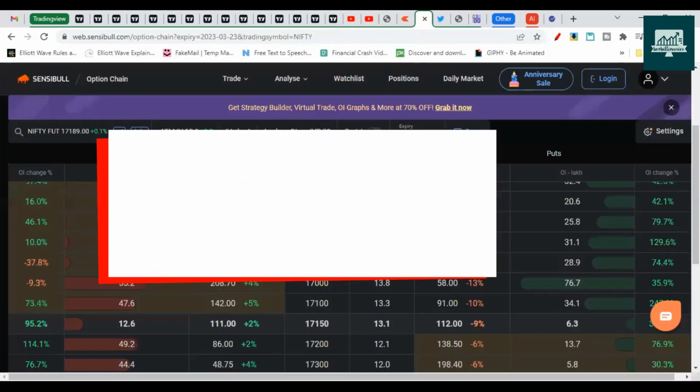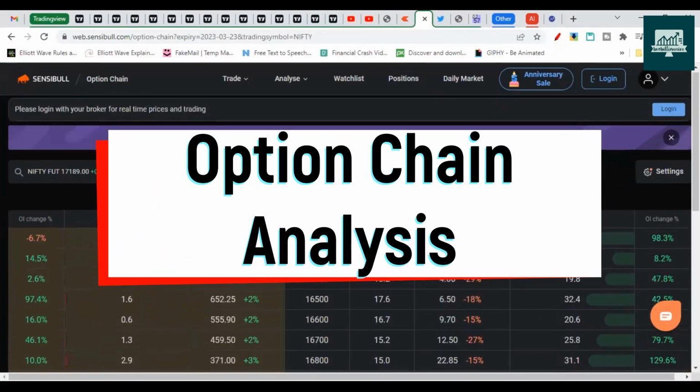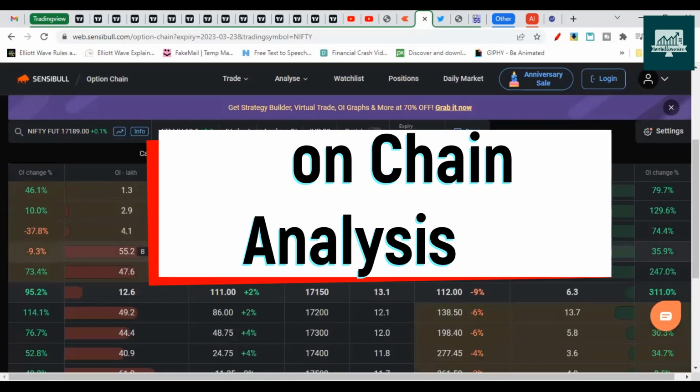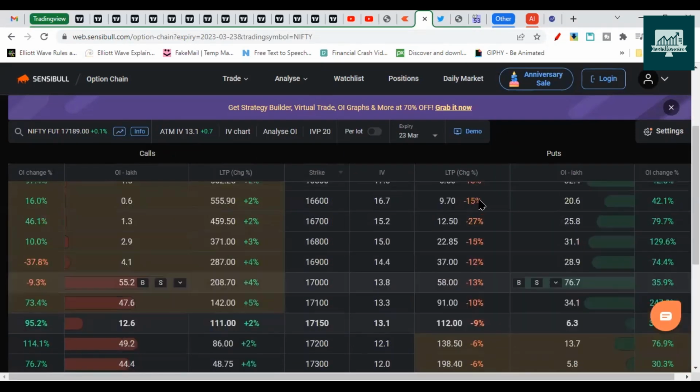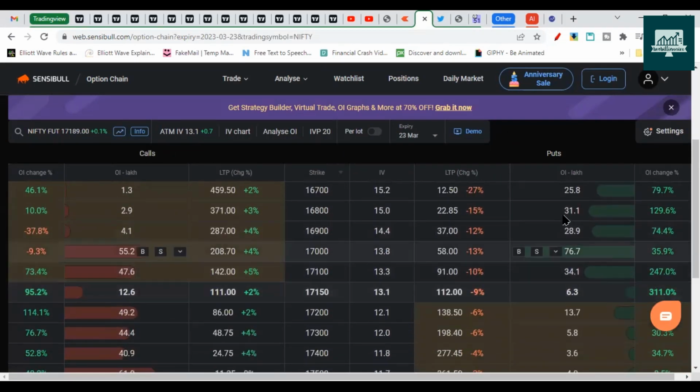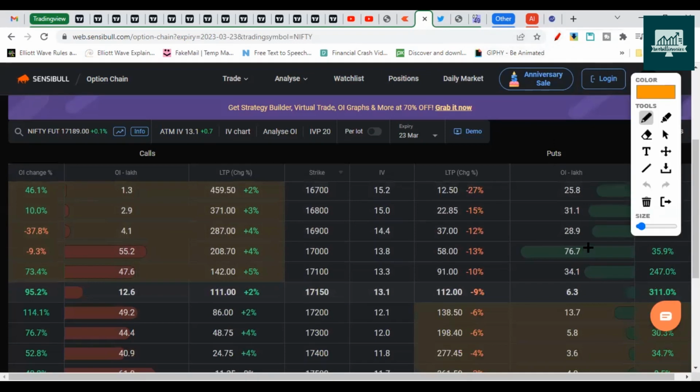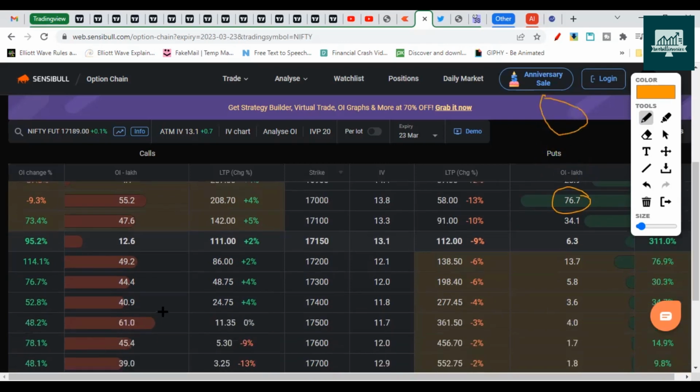So let's go and check the option chain now. On the option chain front, let's see what's happening. 17,000 has now become major support. You can see here 17,000 has 70 lakh put open interest from put writers, which suggests a support, and the major resistance is at 17,500.